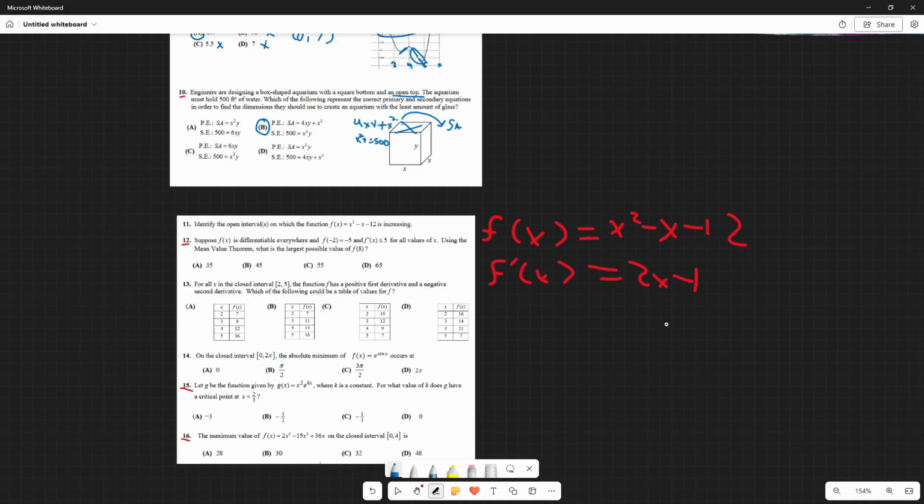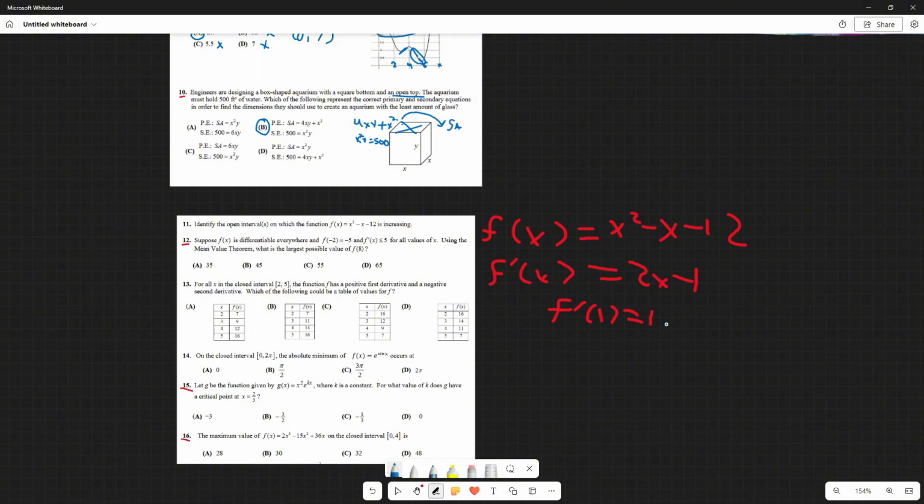Looking at this, we know that as we go right, we're going to be more positive. So f prime of 1 equals 1, and f prime of 2 would be 3. So that means our right bound is going to be infinity.